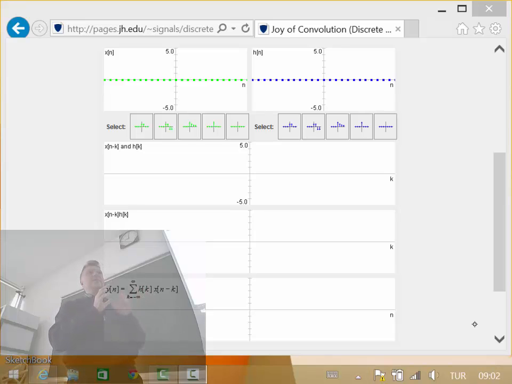Just a very nice demonstration. If you go to that page, you can draw some signals with your mouse to the left and to the right, and then start sliding in the middle figure. The result will be shown in the bottom figure. I will try to draw something here.